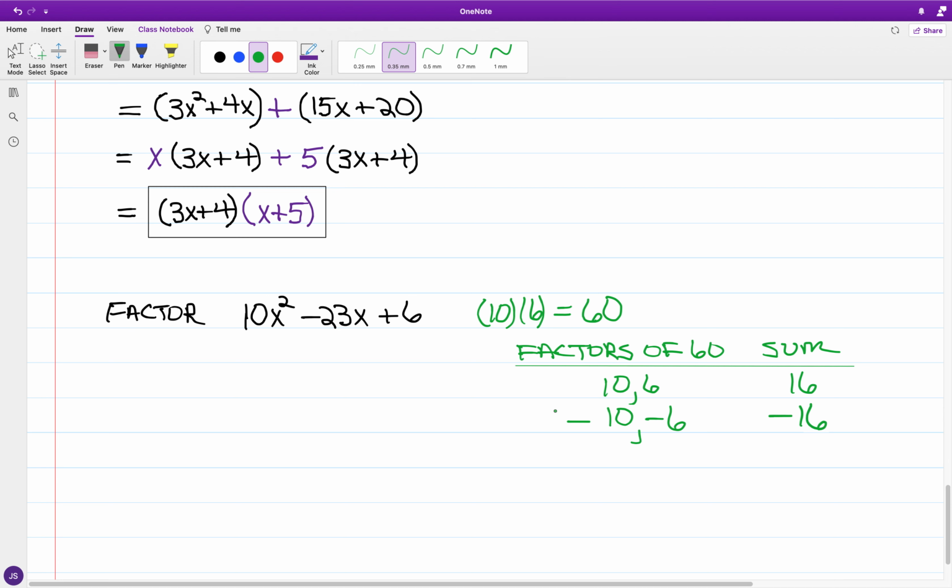So we need a different set of negative terms. And for this one, we're going to have one combination such that we will have negative 20 for one factor and negative 3 for the other. Negative 20 times negative 3 is 60. And adding together, negative 20 plus negative 3 is going to come out to negative 23.